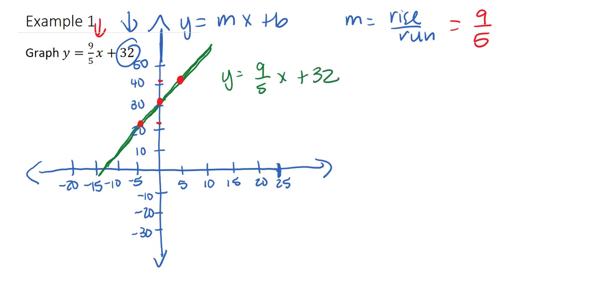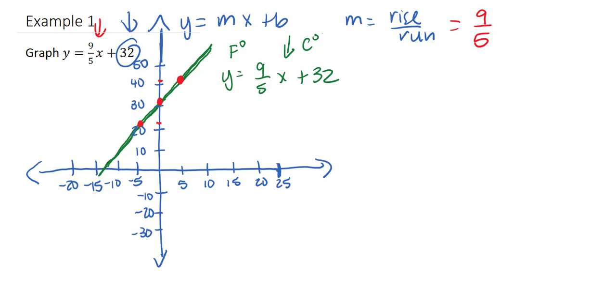Now, you might recognize this equation because this is how we convert from Celsius to Fahrenheit. So we can go from degrees Celsius to Fahrenheit.